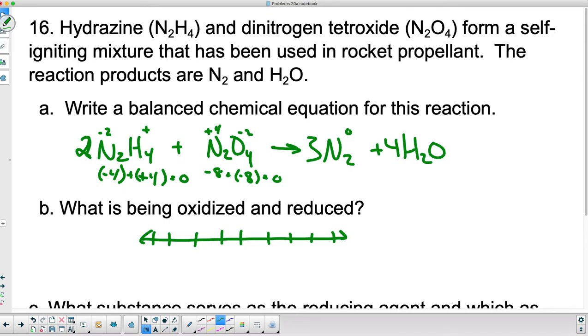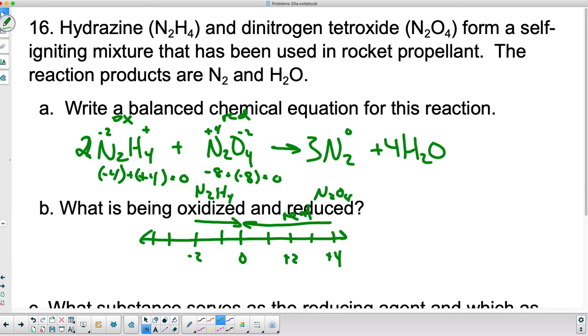Here I got a -2, and that's 0, and that's a +2, and that's a +4. So I got a +4 going to 0, so this is my reduction because it's going to the left. So that means this right here is getting reduced. And my -2 going to 0 is going to the right, so this is getting oxidized. Okay, that's how I see it. So what's being oxidized, that would be the N2H4, and what's being reduced, that would be the N2O4.